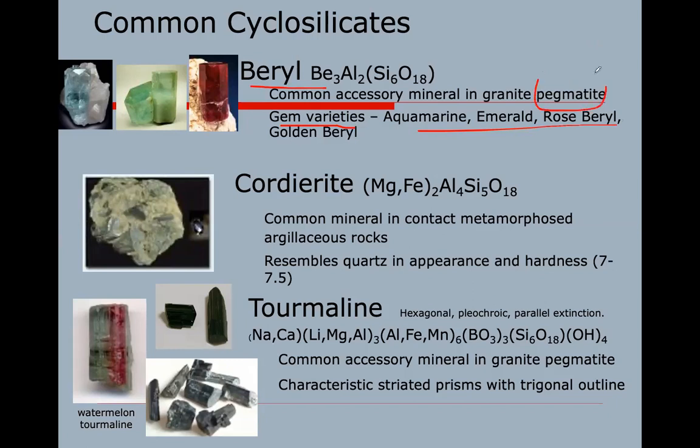So there is a rock type called pegmatite. The term maybe you are familiar with, but details you don't know, of course. We will learn about these rock types in the next course units. And beryl is one of the examples belonging to this cyclosilicate family.